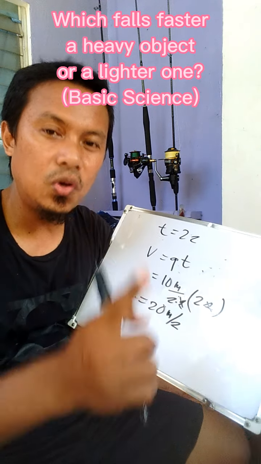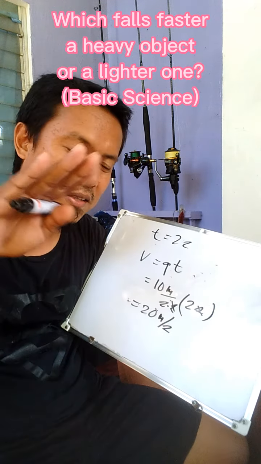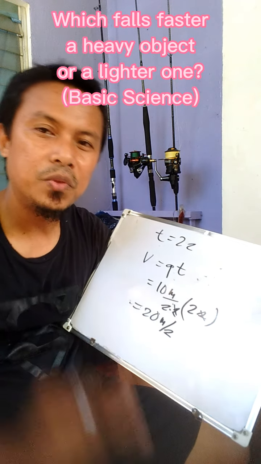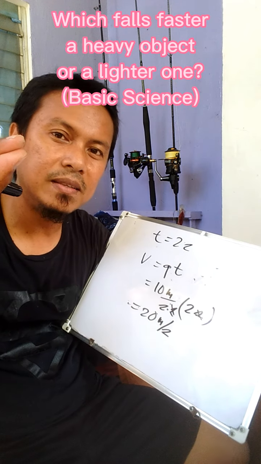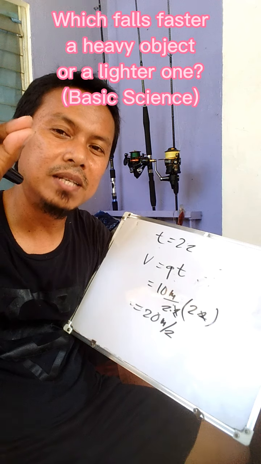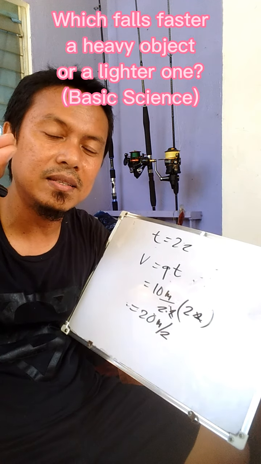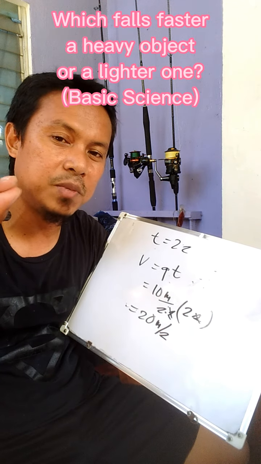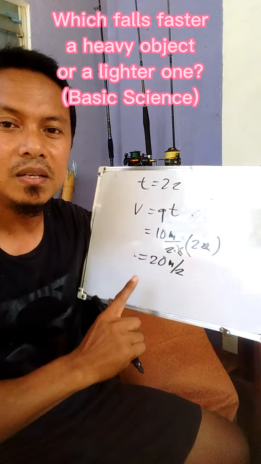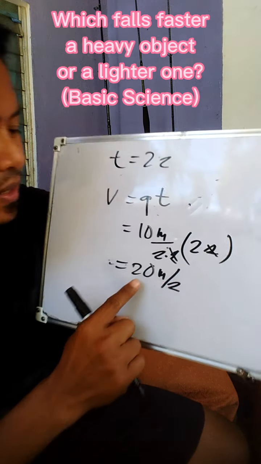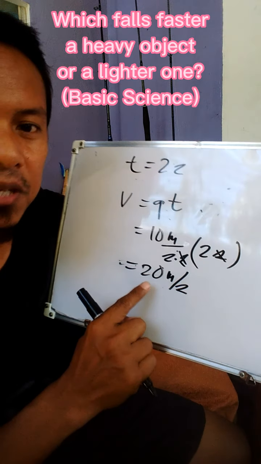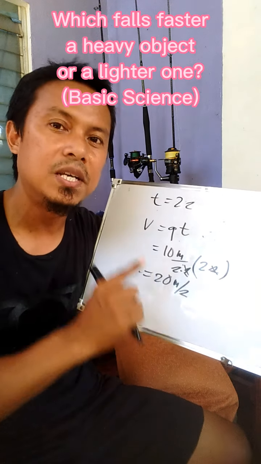That cloth and that metallic lure, when placed at the same height and released at the same time, after 1 second have an instantaneous speed of 10 meters per second. After 2 seconds, they both have an instantaneous speed of 20 meters per second.